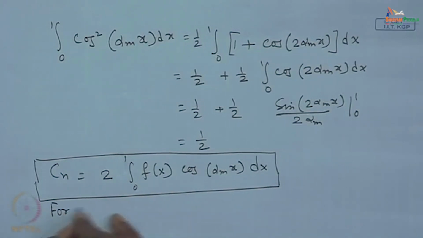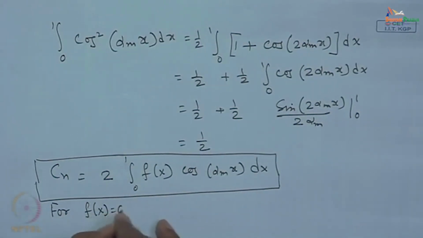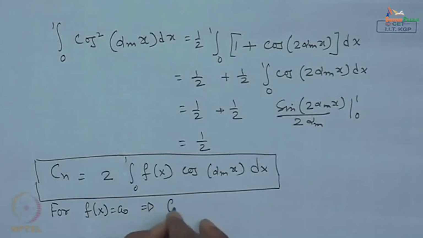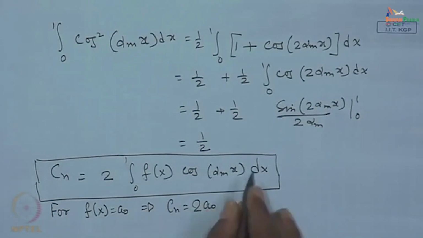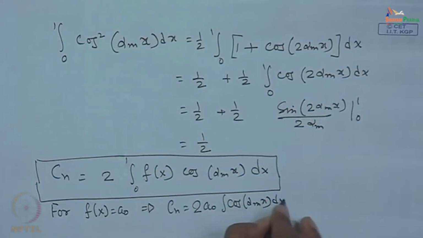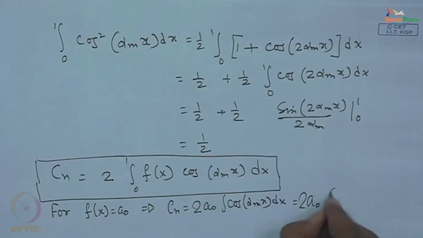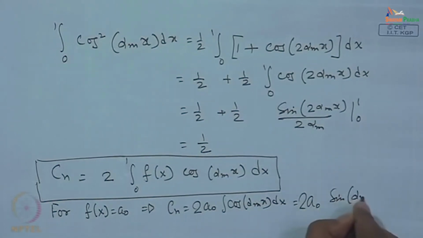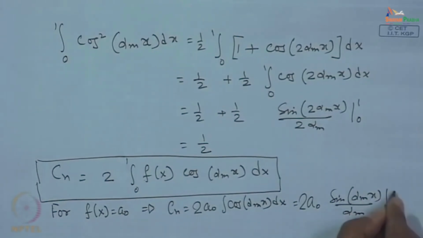So, therefore, I will just solve this problem for a constant value of f x. For f x equal to a naught, C n will be 2 a naught times the integration of cosine alpha m x dx, and this becomes 2 a naught sin alpha m x divided by alpha m from 0 to 1.